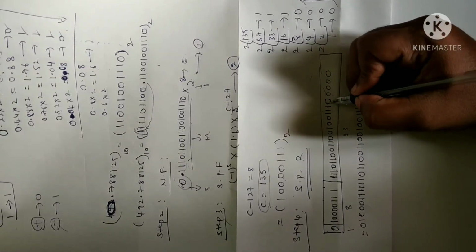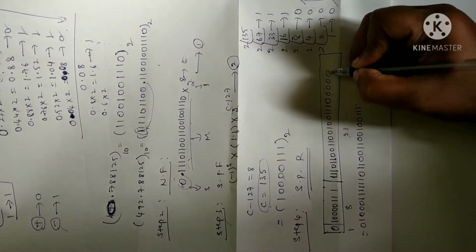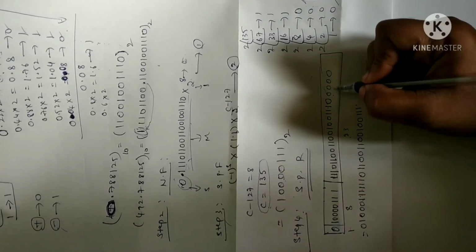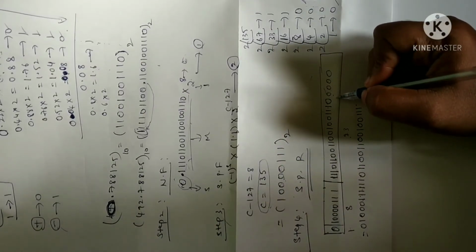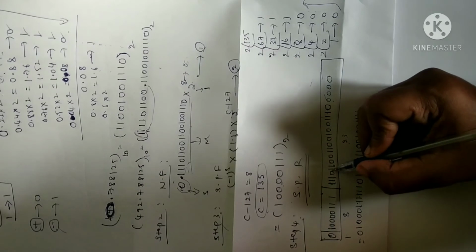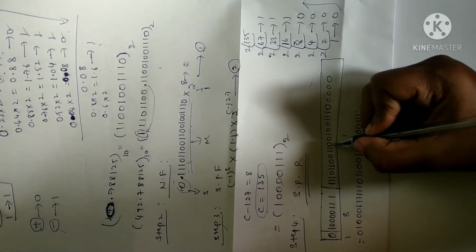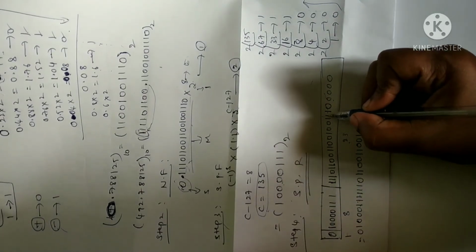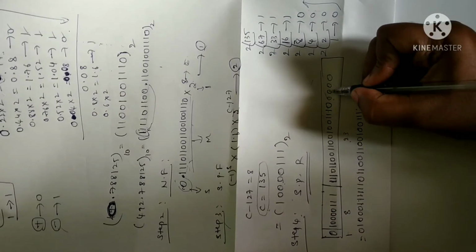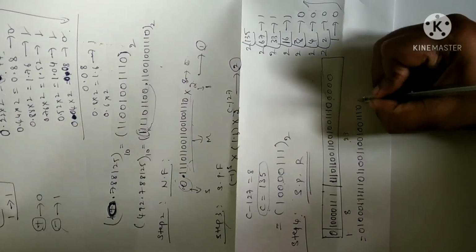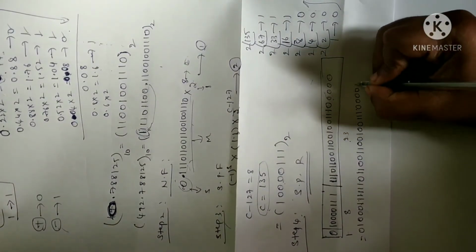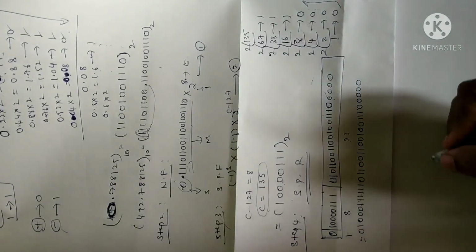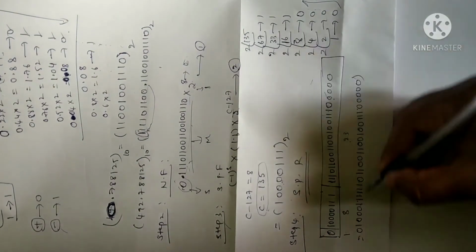You just count the number of bits here. You should have 23 bits, right? 1, 2, 3, up to 23. So followed by 5 zeros: 1, 2, 3, 4, 5. Clear? Now this is the binary representation.